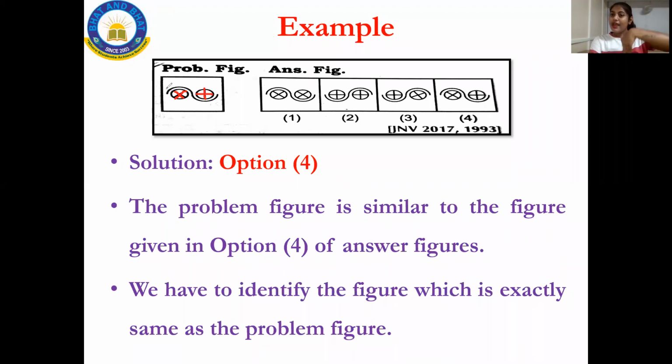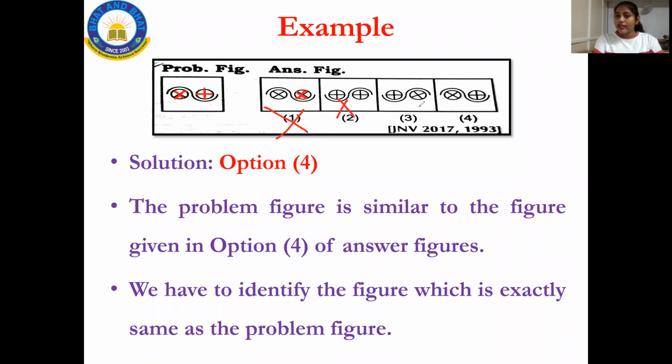Students, why is the first not the answer? Because here it is a multiplication mark, and here also it is a multiplication mark. It should be plus. So it is not the answer. Let me move on to the second one. Obviously it is wrong. It should be up to down, but here it is down to up. So it is not the answer.